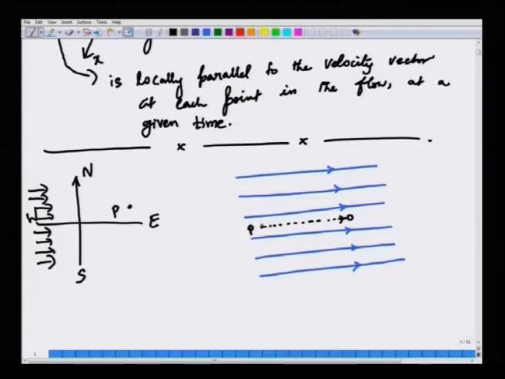I will draw this with a red continuous line, because as the dye molecules are continuously being introduced, since the flow is steady, each molecule that is introduced at a later time also will follow identically the same path as the path line.